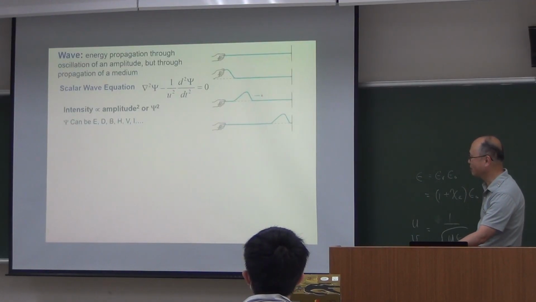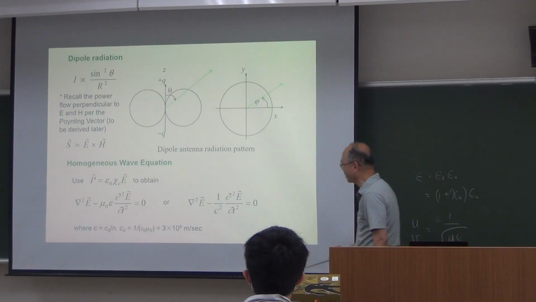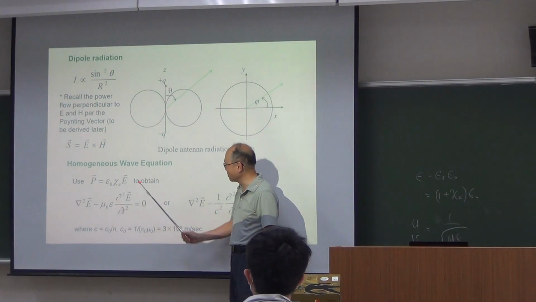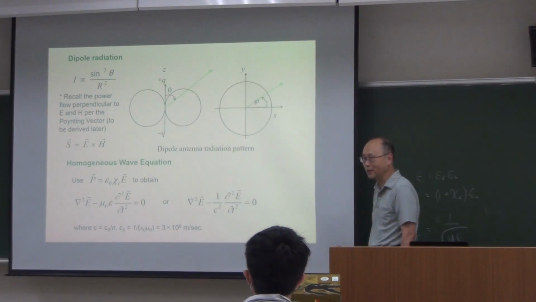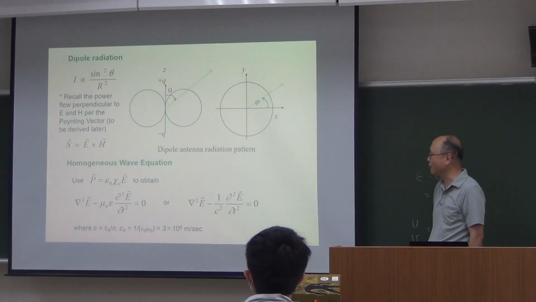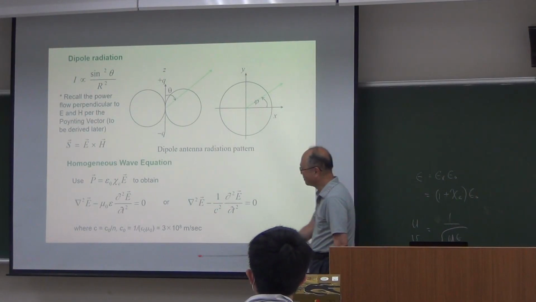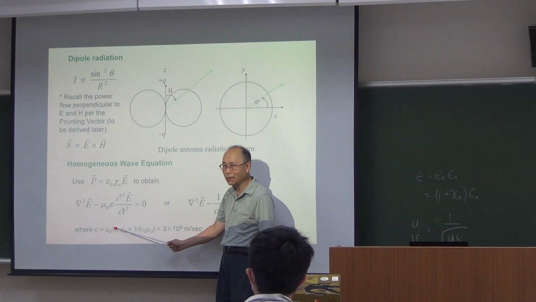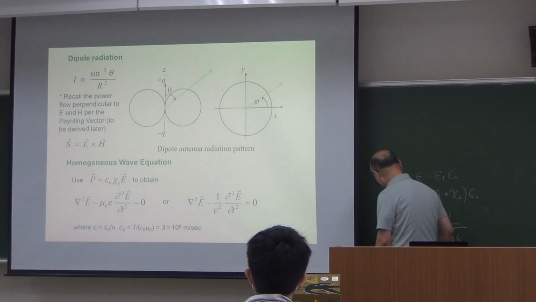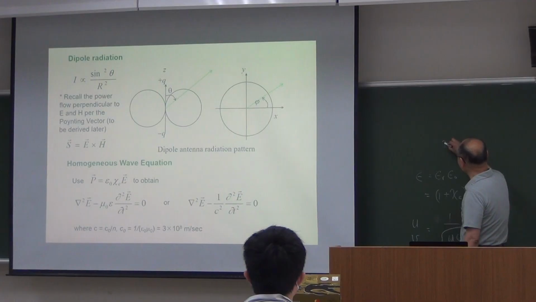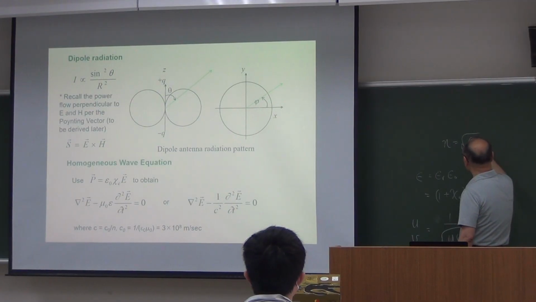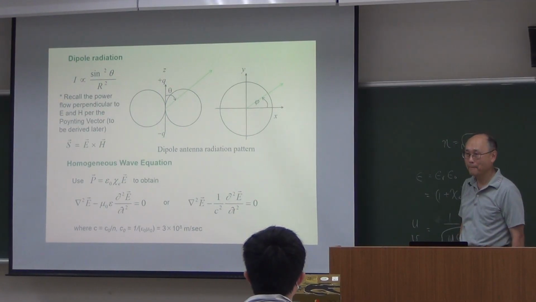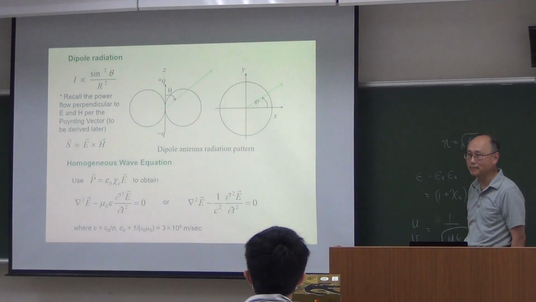So now, this equation just tells you that if you add this epsilon, the dipole response, to the wave equation, overall, the speed of light is reduced by a factor n. This n is called the refracting index. This n is equal to the square root of epsilon r, and we call this the refracting index.